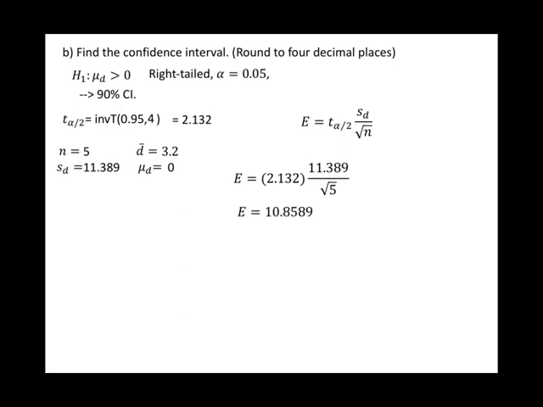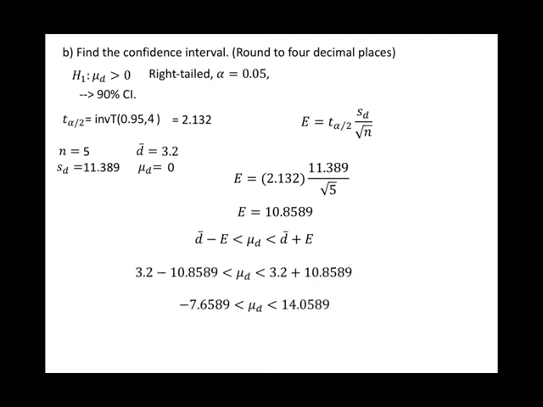You should get 10.8589. Construct the confidence interval. Use the difference of the sample mean plus or minus the margin of error. You should get this guy.